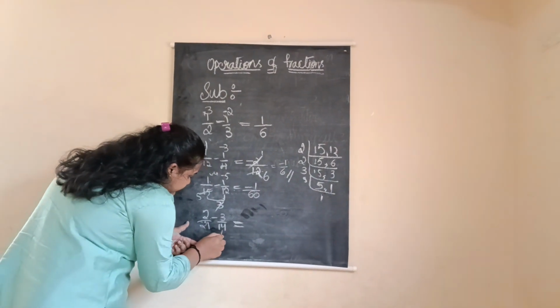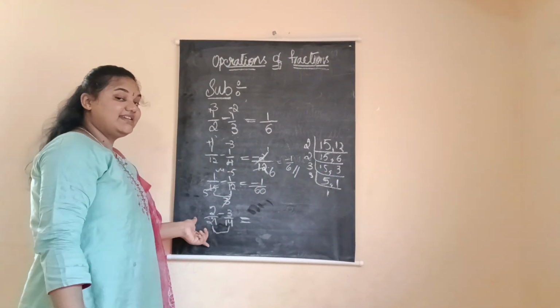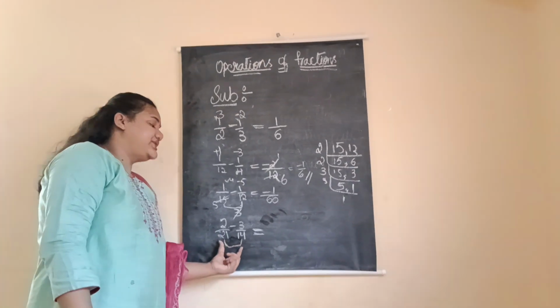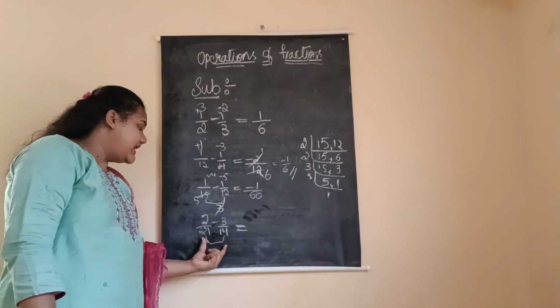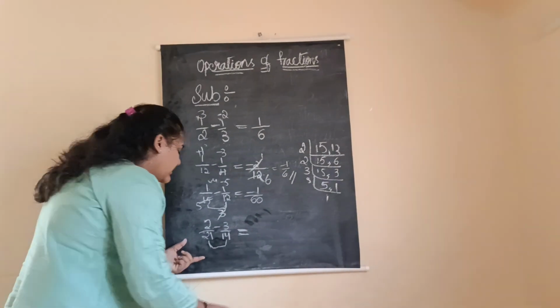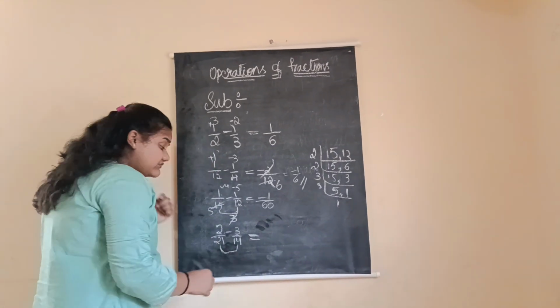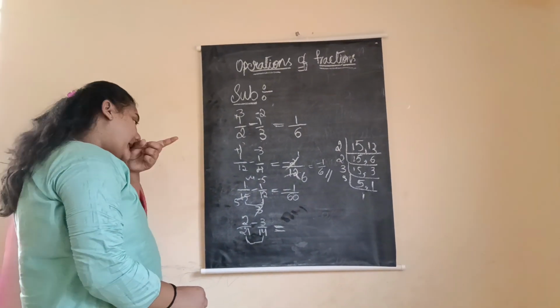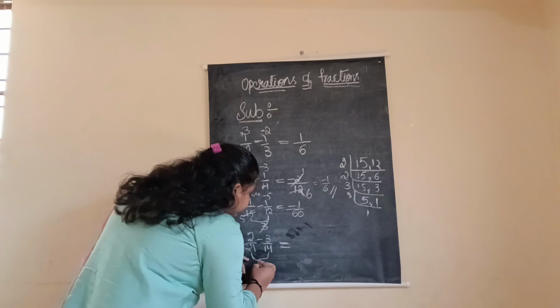Here, they are also unrelated, but they have a relationship because they are both multiples of 7. 7 3s are 21, 7 2s are 14.